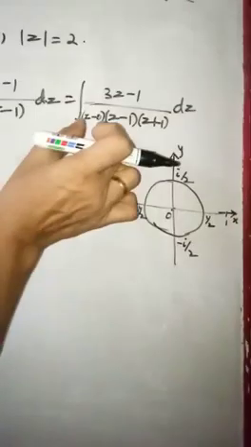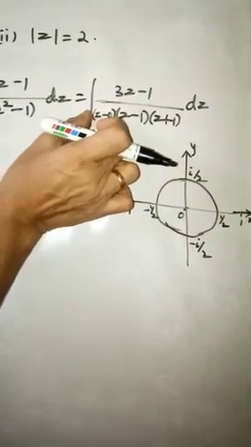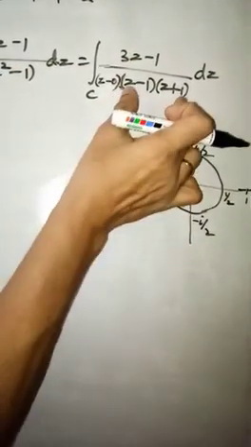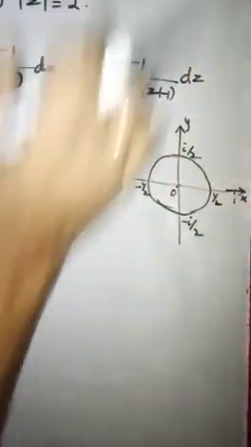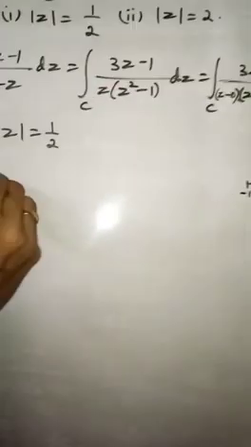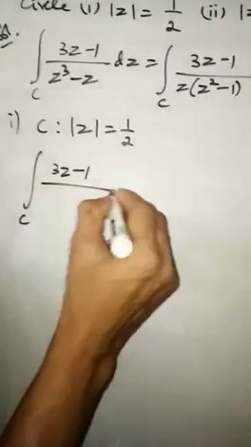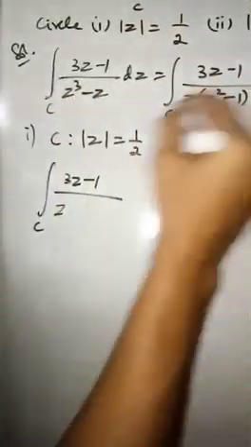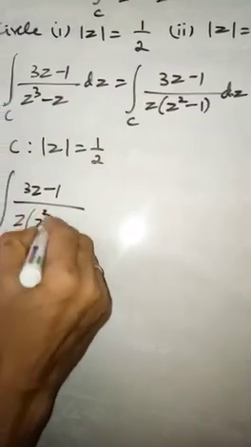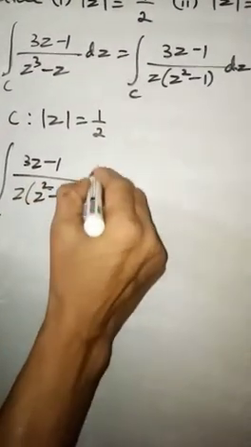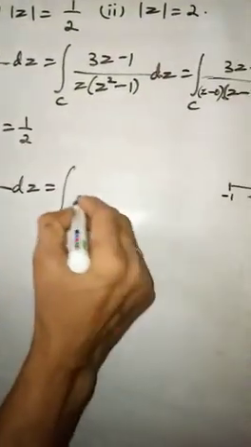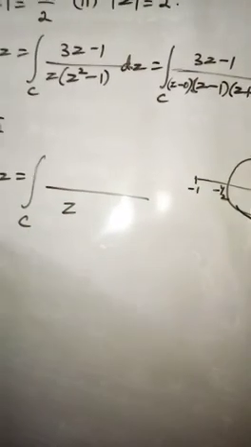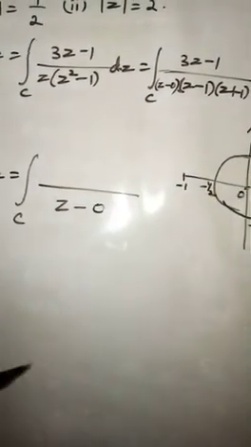Which means what? You have to write this z in the denominator, and you have to take the other two factors to the numerator. So 3z minus 1 by, I am writing in this form. I am writing z, z can be written as z minus 0.